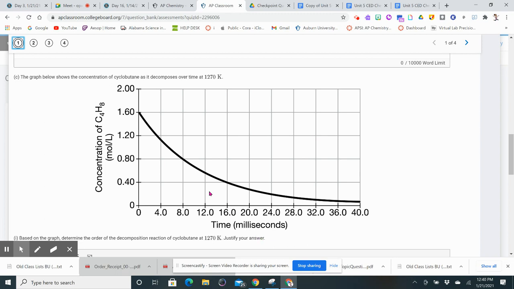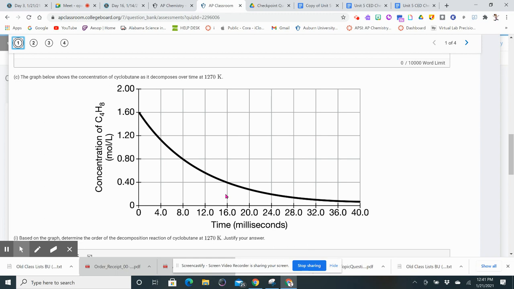The other way to tell is that if you look at this, the concentration is decreasing by half for every 8 seconds. So 8 seconds, half of it's gone. 8 more seconds, another half is gone. So this shows us the half-life, and half-lives are only associated with first order reactions.